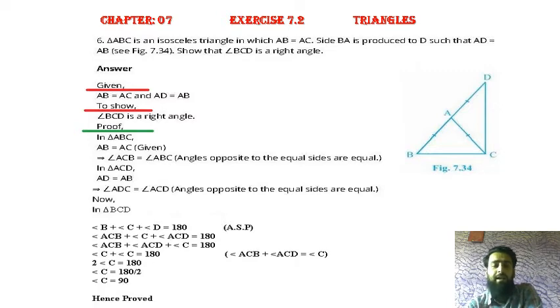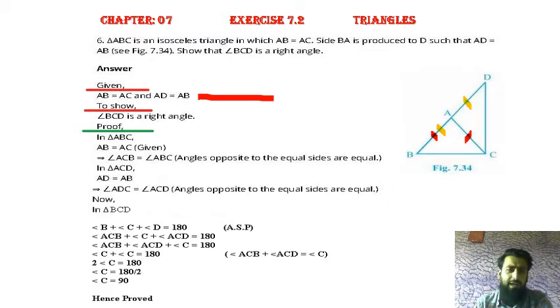Let's first understand what is given to us. It is given that AB equals AC and AD equals AB. This side AB and this side AC are equal to each other, and this side AB and this side AD are equal to each other.